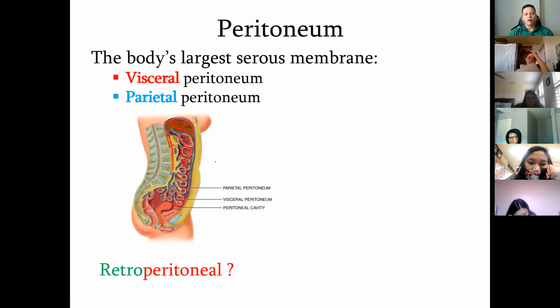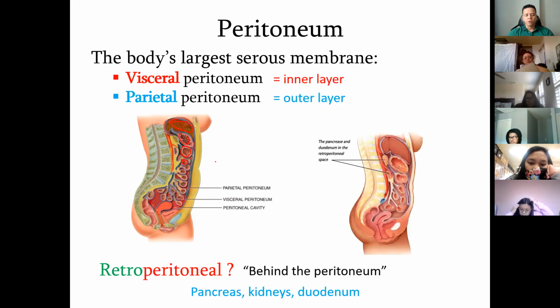This layer of the membrane is what we call the visceral layer, while the layer of the membrane that is covering the wall of the cavity, we call the parietal peritoneal membrane, okay? A couple of organs, including the pancreas, the kidneys, and the duodenum, have a retroperitoneal position, and retro means behind the parietal peritoneal layer. Okay?